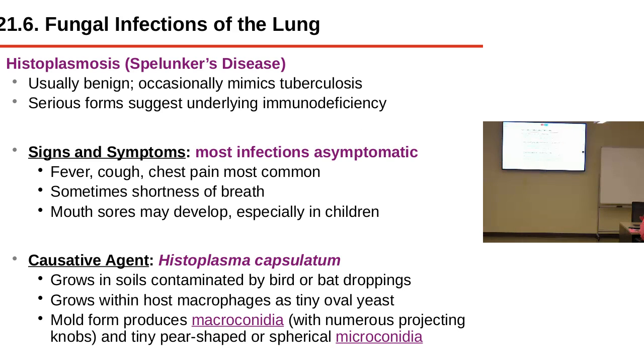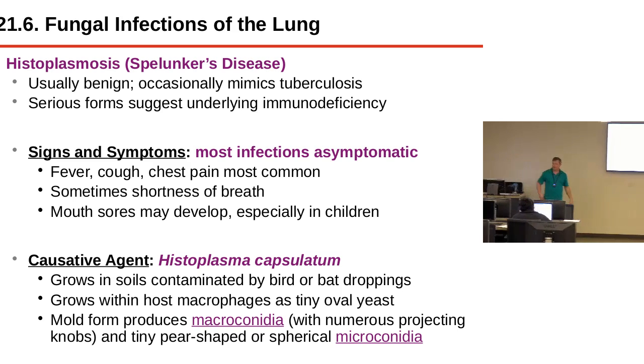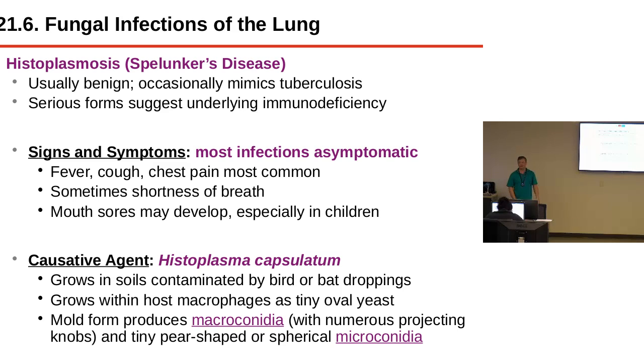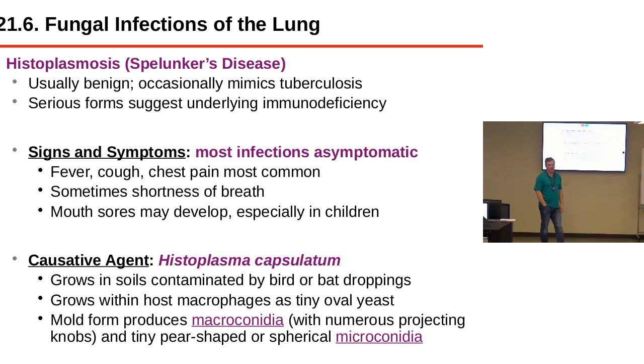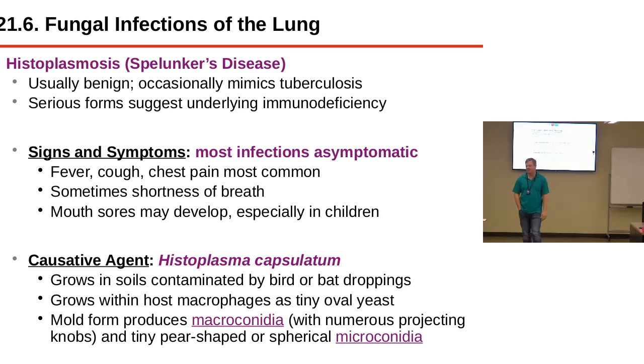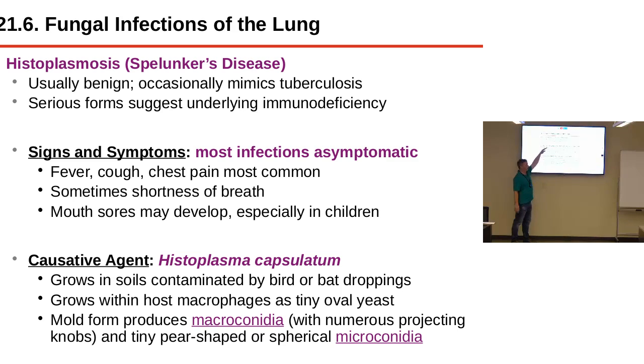Histoplasmosis is another nasty one. It mimics tuberculosis. So this is one where, at first, the patient may think they have tuberculosis, or even the healthcare providers may initially suggest that. But it's really only going to be serious, again, if people have immunodeficiency, just like most fungal infections.